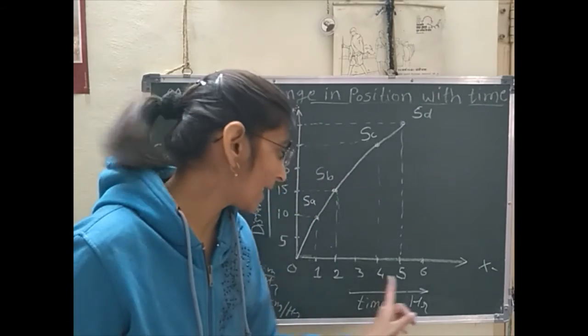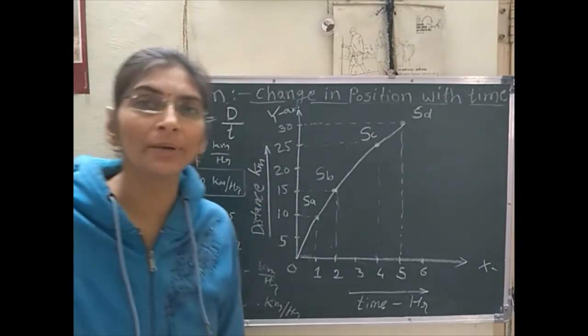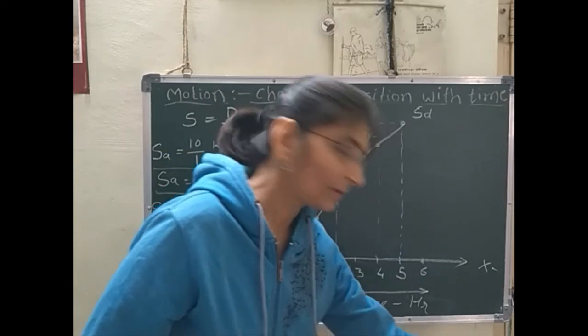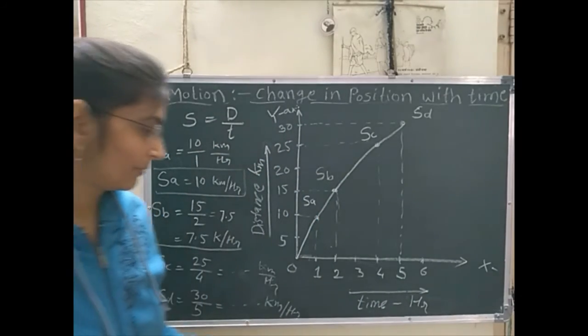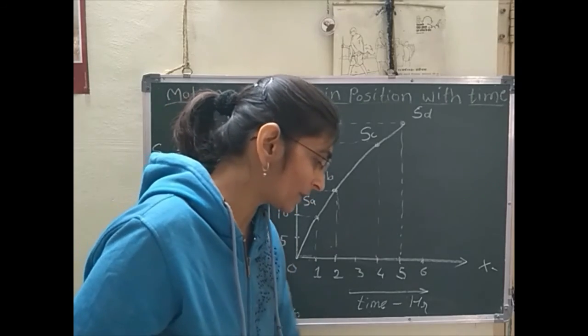This is the time on the x-axis, and along the y-axis distance in kilometer. So we can plot the graph. Here we can understand from the textbook.